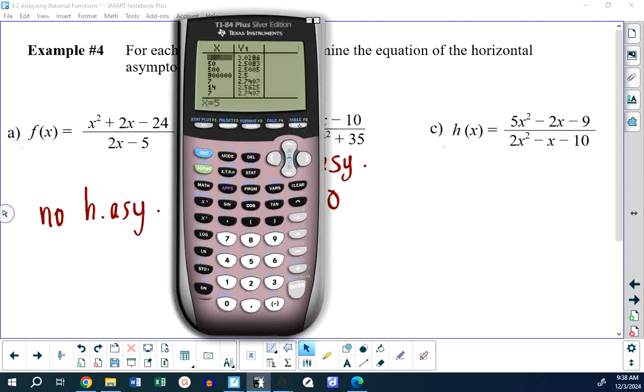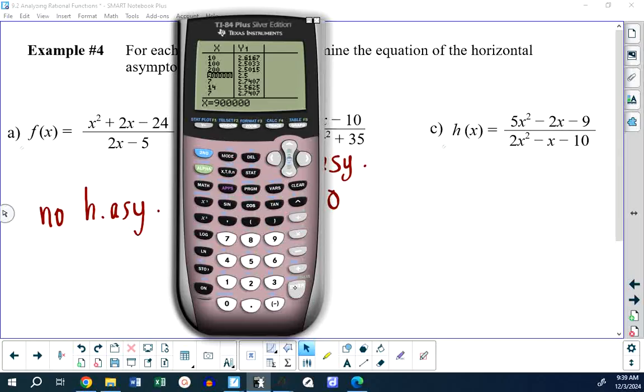I'm going to go to my table and enter 10, and then 100, 200. By the way, we don't have to worry about looking on the left towards negative infinity. It'll always be the same no matter what. In calculus, we're going to encounter situations where you actually have two asymptotes, one on the left and one on the right, that are horizontal.